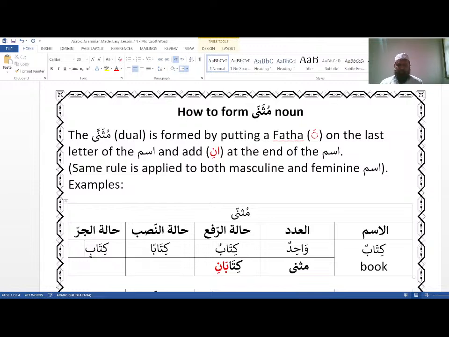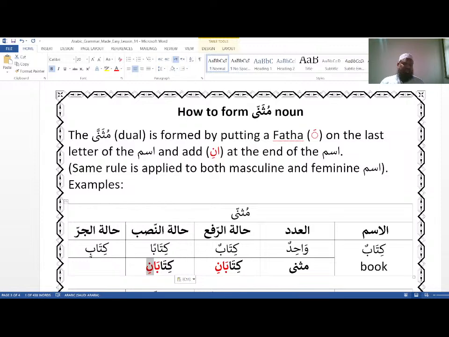What about the muthanna isms now? Kitabani, the alif is showing us it is in halatul rafa. What will show us it is in halatul nasb? Let's take this, copy, and paste it here. Remember, this noon kasra we cannot remove.